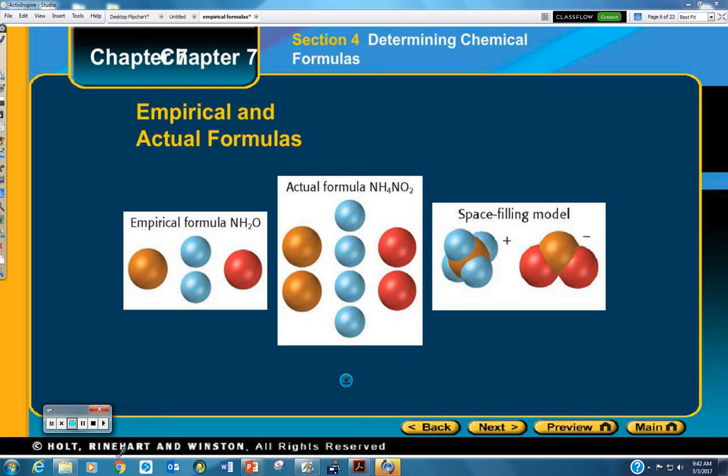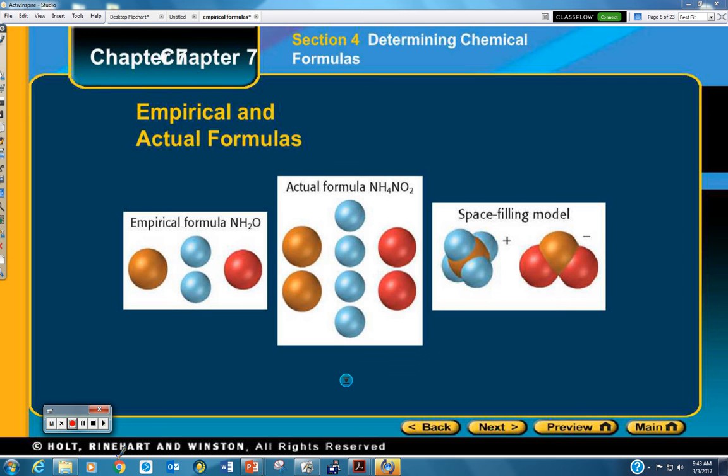What I want to show you is the difference between an empirical formula and a molecular formula. The thing you need to know about an empirical formula is that it is a formula reduced to its lowest form. We cannot reduce this any lower. We have 1 nitrogen, 2 hydrogens, and 1 oxygen. There's no reduction that can be done there.